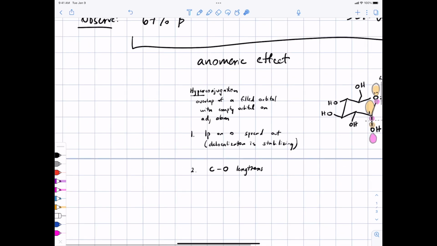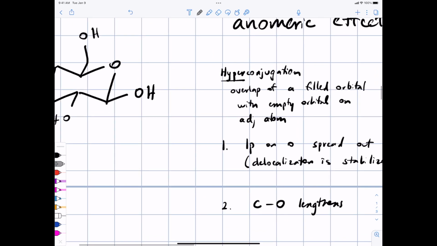If we look at the beta anomer, you'll see that the orbitals don't line up as well. So when the OH group for the beta anomer is pointing up in this equatorial position, now look at where the sigma star is relative to the lone pair on that oxygen.